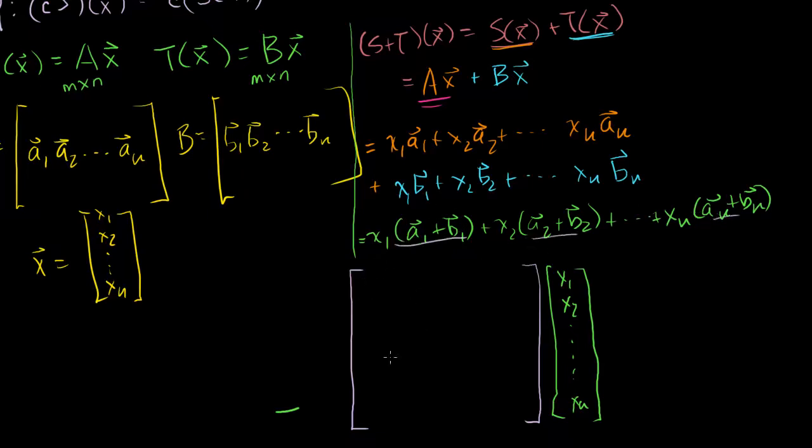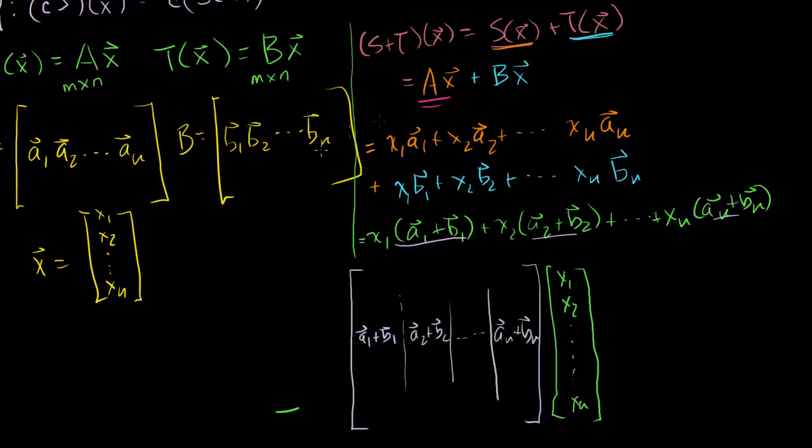This thing is equivalent to a matrix where the first column is a1 plus b1. We're essentially adding the column vectors of those two guys. The second column, let me draw a little line to show you that these are different expressions, would be a2 plus b2. And then the last one will just be an plus bn.